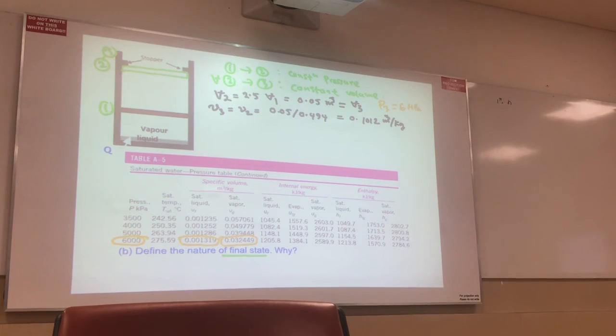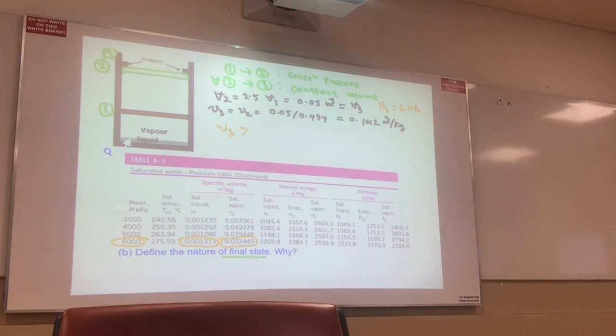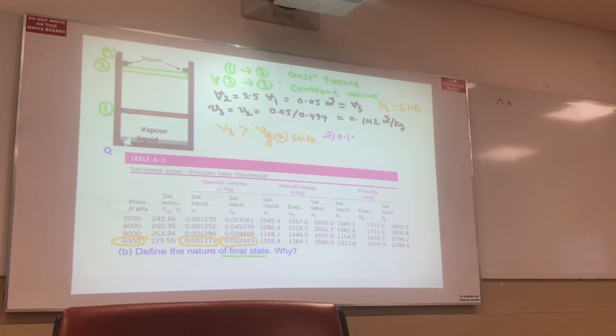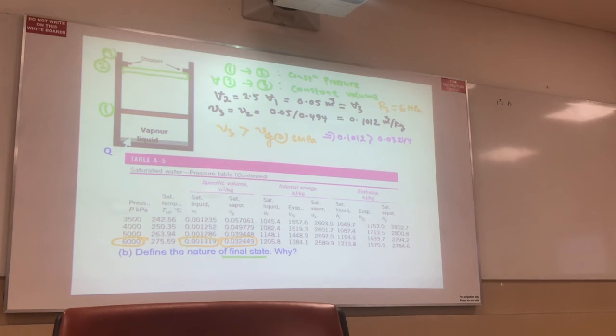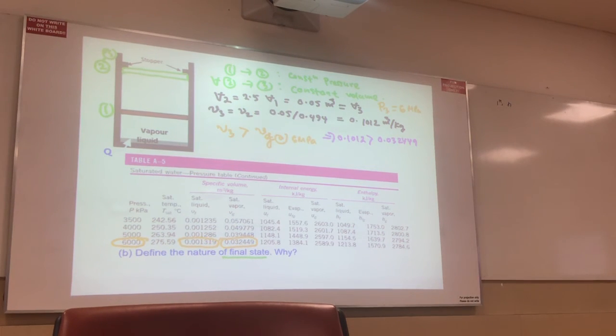So what can we write? v3 is higher than vg with respect to 6 megapascal. Or I can write v3 is 0.1012, which is higher than 0.032449. So the nature of the state is superheated vapor.